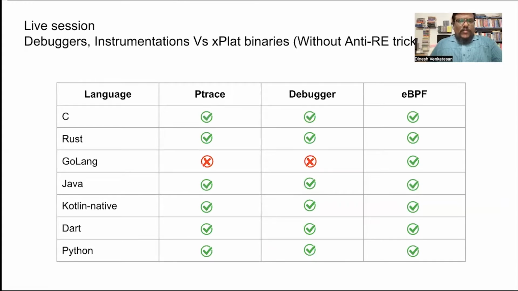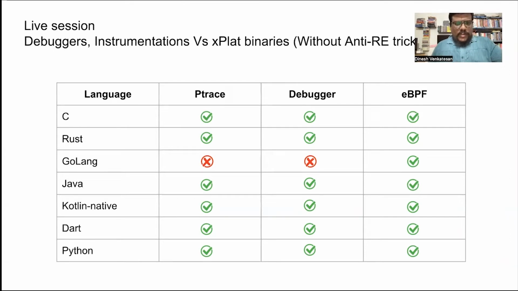So for this demo, we have taken 7 languages and built a hello world program. It simply reads a file, and we want to put a typical hook and then see how these executables behave. And we will then run the same demo with eBPF to showcase how seamless it can become to observe something without much effort.